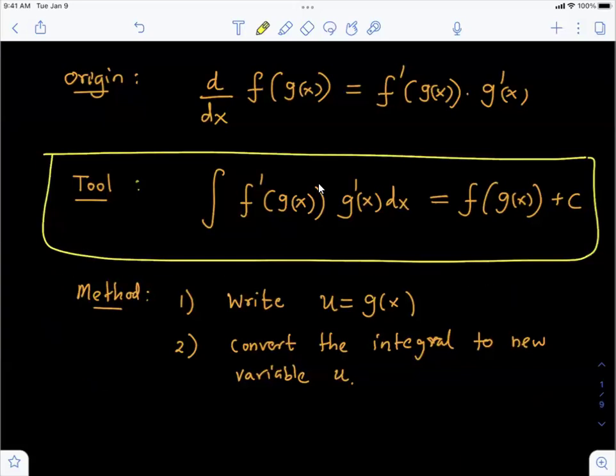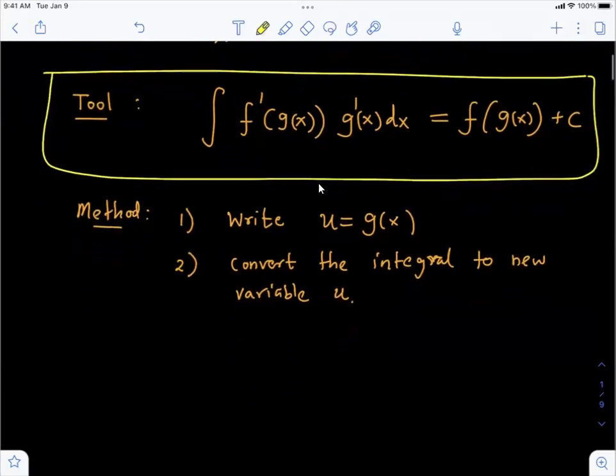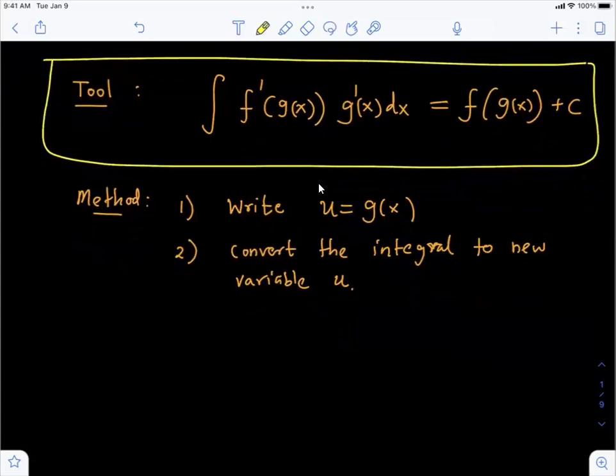The way that we are going to do it is, first of all, we need to recognize there's a composition in this case. The first thing that we are going to do is to recognize the inner function of that composition. We are going to name it u equals g(x). So this is going to be our u sub, and then convert the integral into the new variable. Let me briefly explain exactly the process.